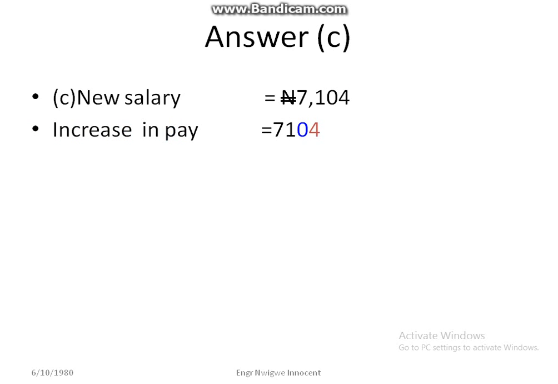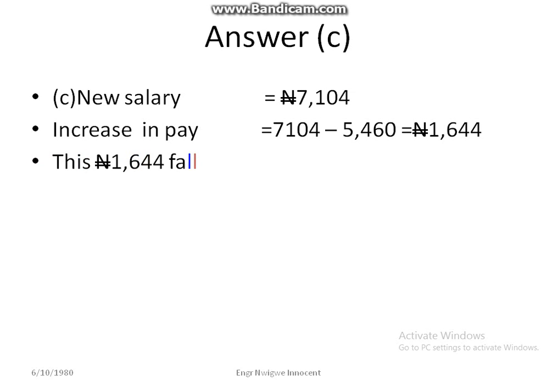Answer C. New salary is equal to 7,140. Increase in pay is equal to 7,140 minus 5,460, which will give us 1,644. This 1,644 falls within the next 2,000 naira for tax.